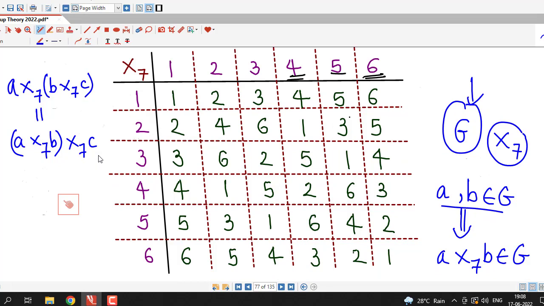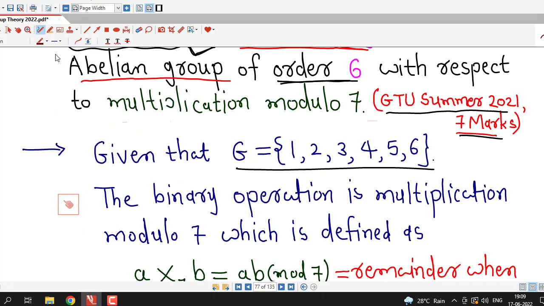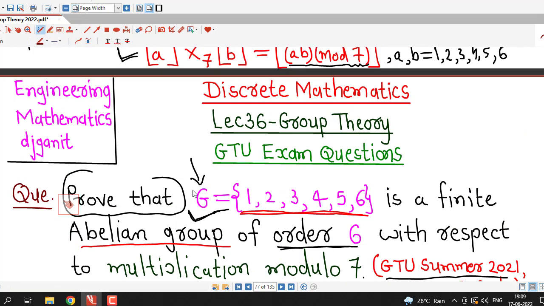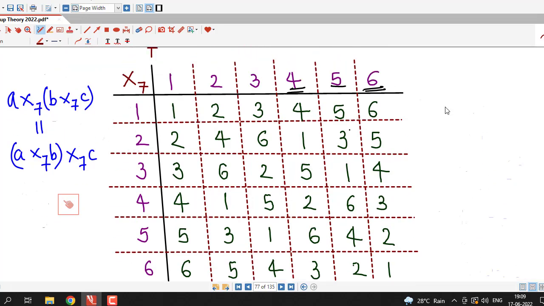Now there are so many different possibilities for a, b and c, but we will not check for all those because we will require more time. That will be a time consuming process to check for all possible values of a, b and c. But here we are sure that the associative property must be satisfied because the question is to prove that the given set is an abelian group. So we can check randomly for any three elements.